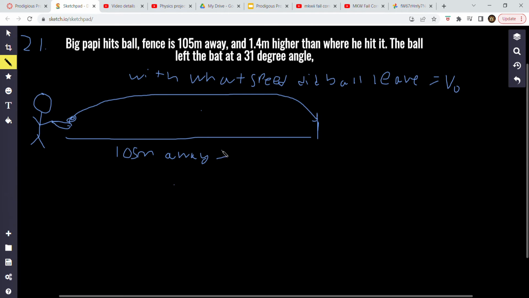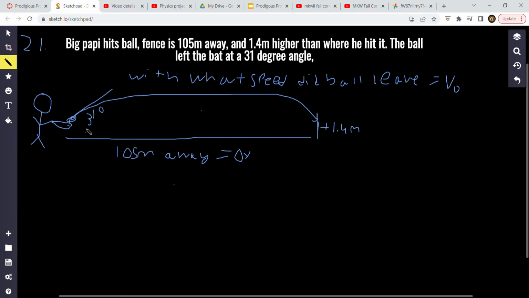So that is really just our delta x. Our delta y is the fence at plus 1.4 meters up, and this angle right here is going to be 31 degrees.